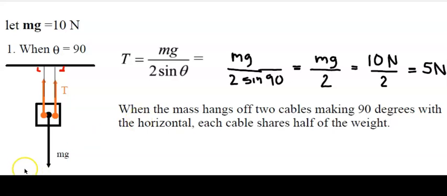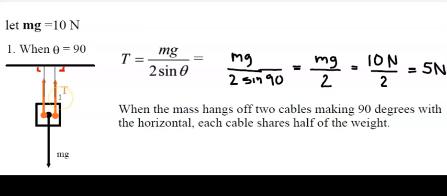And let's say that we held this box with two cables pointing straight up that make 90 degrees to the surface. mg over 2 sine 90. Sine 90 is 1, so that's mg over 2. 10 newtons over 2 is 5 newtons each. So when the box is being held with two cables, each cable has exactly half the weight of the box. It's going to turn out that every vertical component is going to have half the weight.